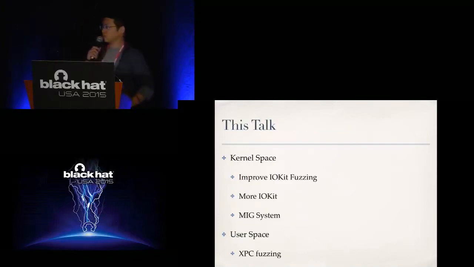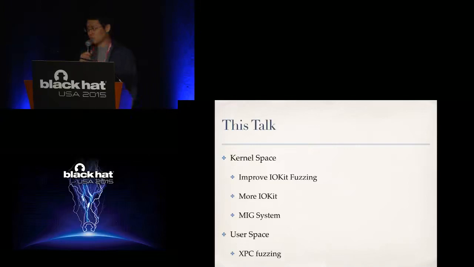Okay, so after we have a look at some past attack surfaces, what will we talk about today? Two parts. For the kernel part, we will first talk about some small tips to improve your IOKit fuzzing, and besides that, we introduce some more parts to fuzz in IOKit. After that, I will introduce the MIG system, which might not have been well fuzzed in the past.